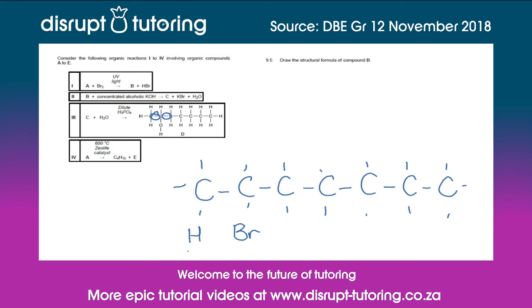But you can also choose to put the bromine on the first carbon atom or on the third carbon atom. Those are equally valid, but you just need to be consistent through all of your questions. If you choose to put them on the first or the third one, then you need to be consistent with where the bonds are being broken and where you're replacing or adding your different substances in these reactions.